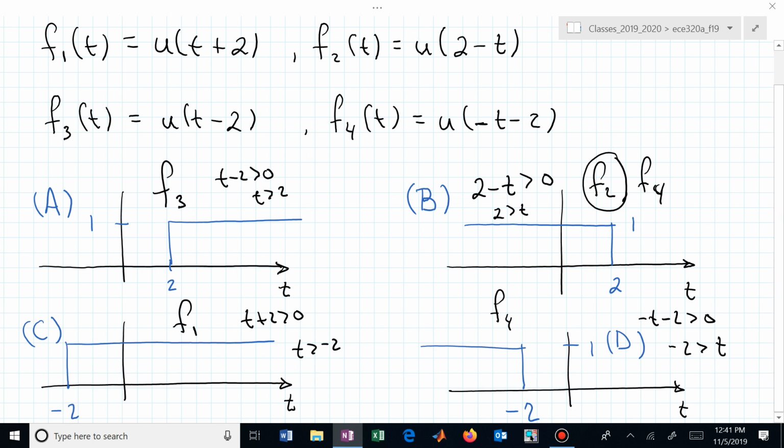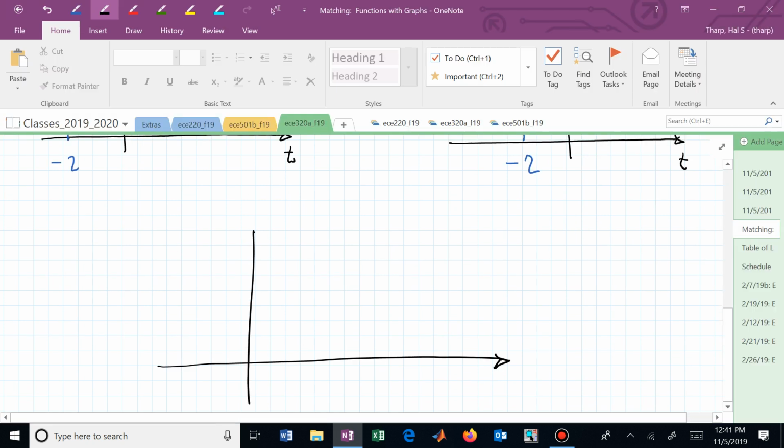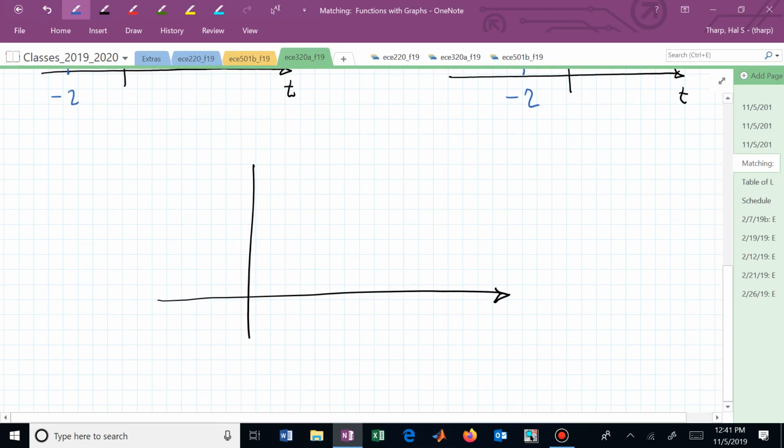We can now look at that a little differently. We might say, well, what if I want to build a waveform, and you could scale the magnitude, but let's say this is now g of t. And let's say this is t1 and that's t2.